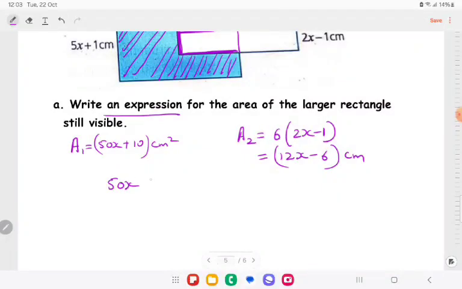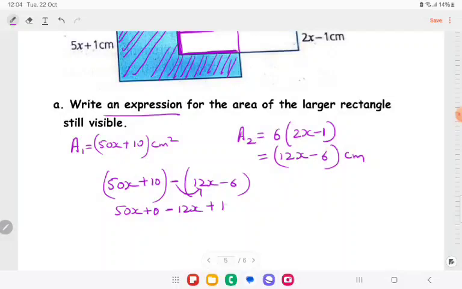So 50x plus 10 subtracted by 12x minus 6. This minus sign applies to this 12, so it becomes minus 12x. Minus and minus becomes plus, so plus 6.